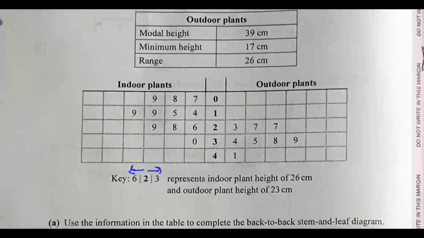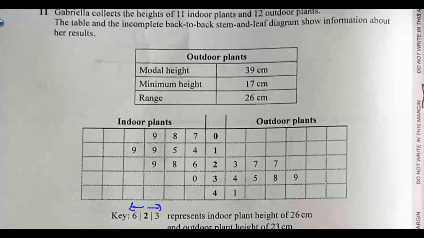Okay, so what we need to do here, let's scroll up a little bit. Now we need to start from this given information, that is for outdoor plants. The modal height is 39, so that means that 39 appears most. Then the minimum height is 17 centimeters, and then range is equals to 26 centimeters.